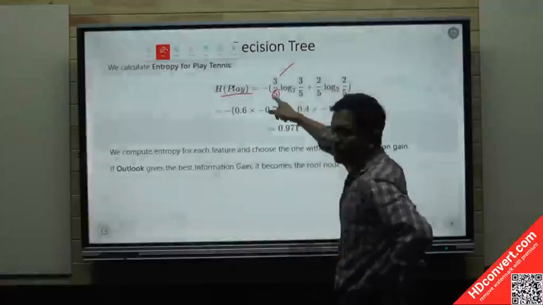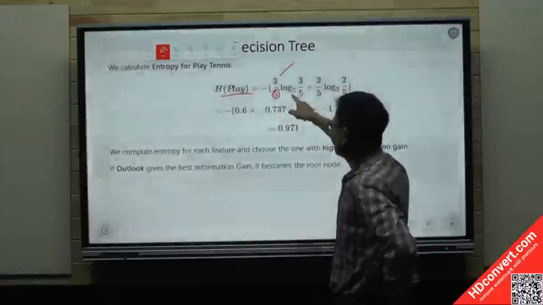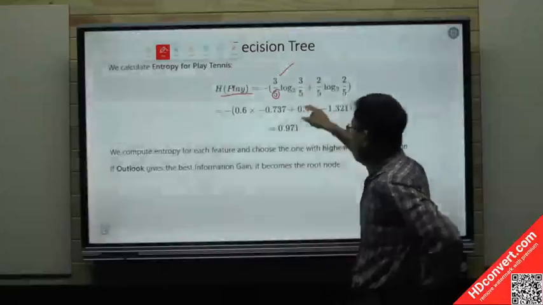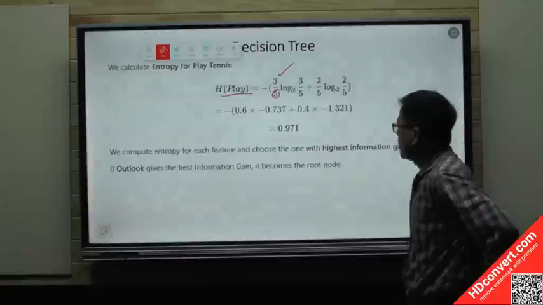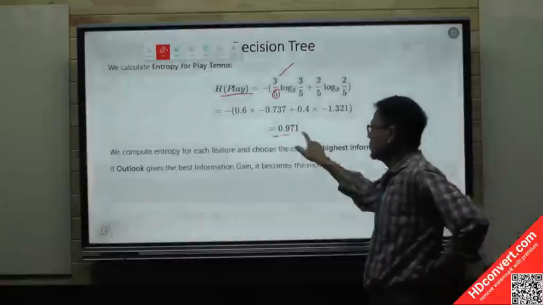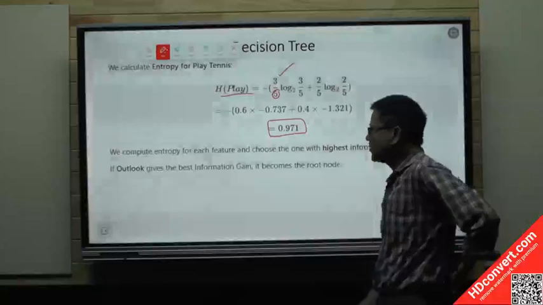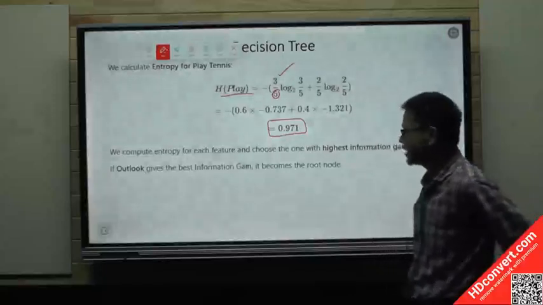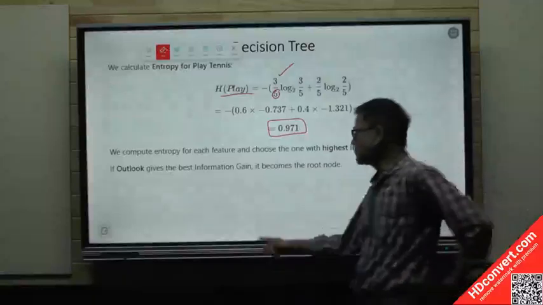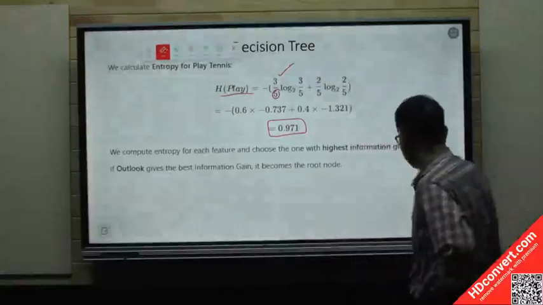So it is 3 upon 5 multiplied by log base 2 of 3 upon 5, plus 2 upon 5 multiplied by log base 2 of 2 upon 5. So it evaluates to 0.97. So we compute entropy for each feature and choose the one with the highest information gain. If the outlook gives the best information gain, it becomes the root node.